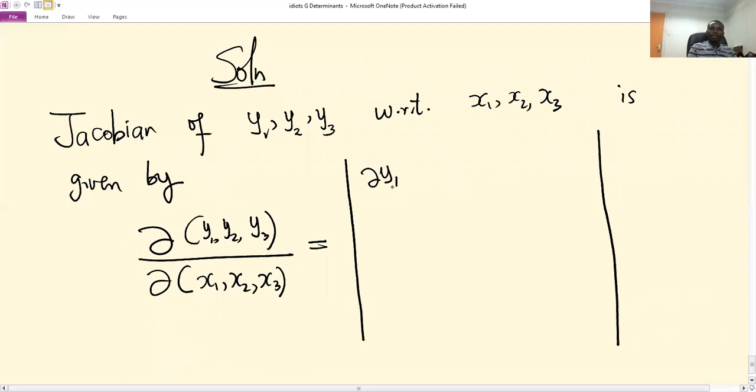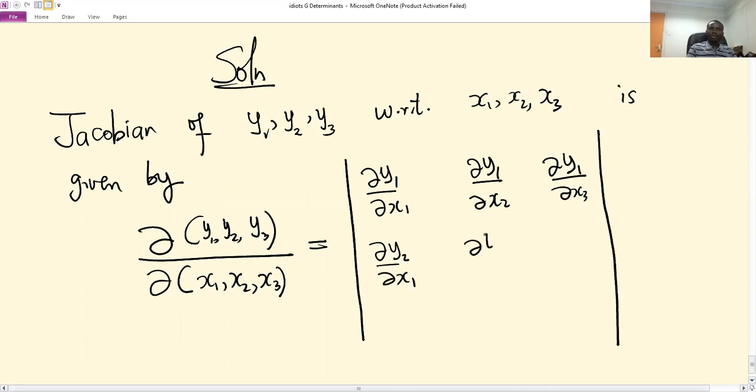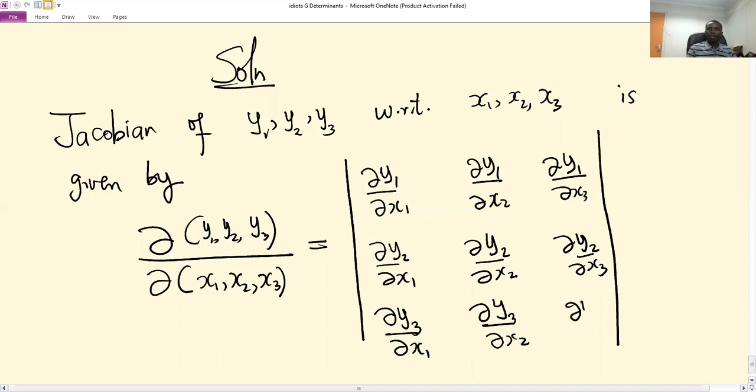partial y1 partial x1, partial y1 partial x2, partial y1 partial x3, partial y2 partial x1, partial y2 partial x2, partial y2 partial x3, partial y3 partial x1, partial y3 partial x2, partial y3 partial x3.